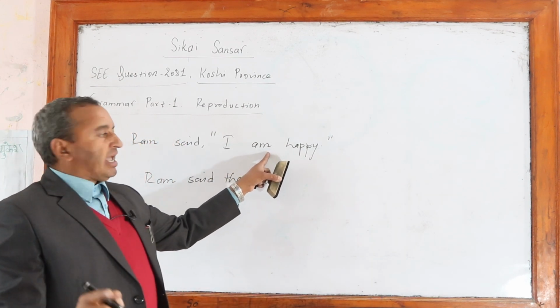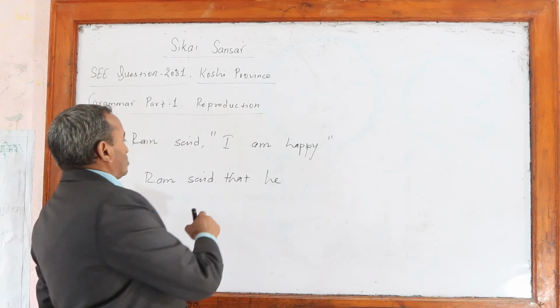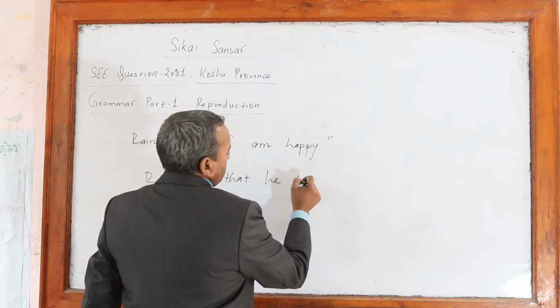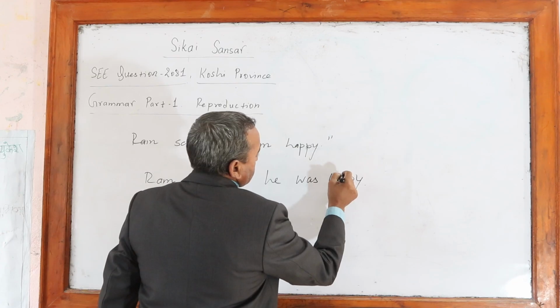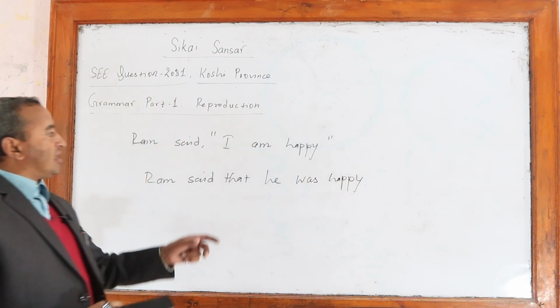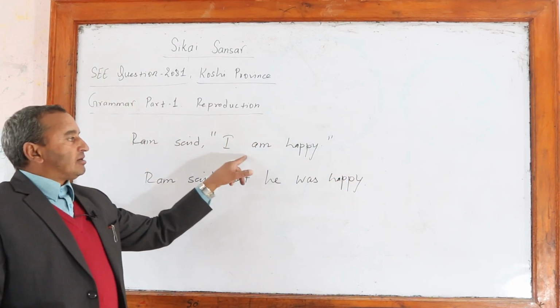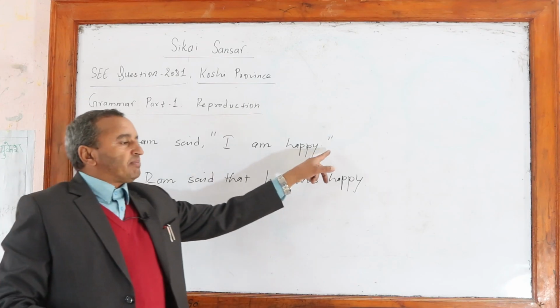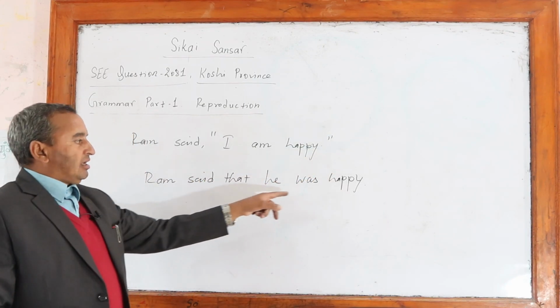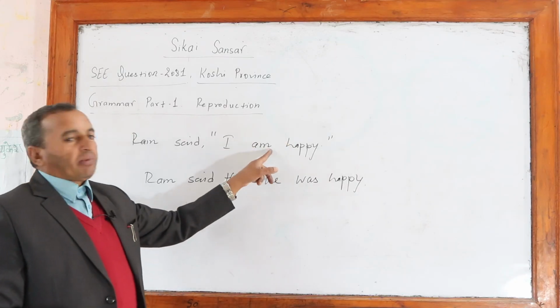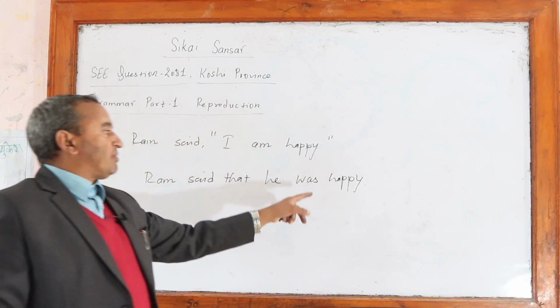The past form of am is was. So Ram said that he was happy. Look here. Earlier, I'm happy was in simple present tense, but now we have changed it: he was happy, and simple present tense was changed into simple past tense.